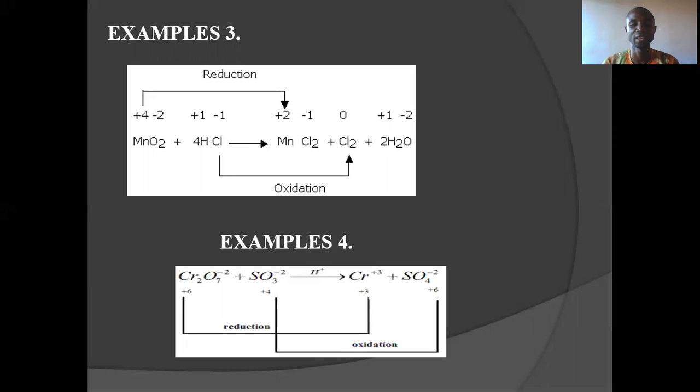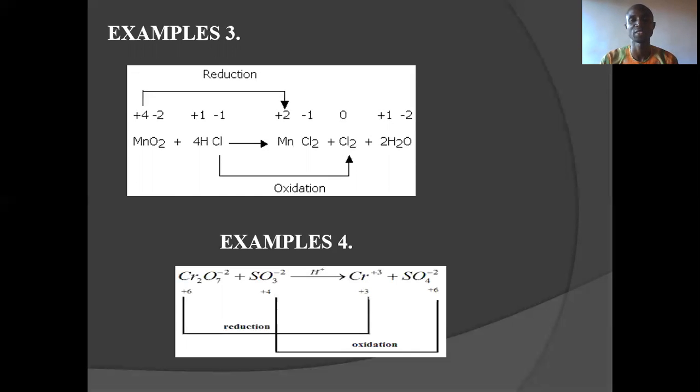Then finally, when we consider the formula, chromium moves from +6 to +3, and sulfur from +4 to +6. So +4 to +6 is oxidation, an increase in oxidation number, while chromium is where the reduction takes place. In fact, one of the simplest ways to determine oxidation reduction in a given equation is the use of oxidation number.